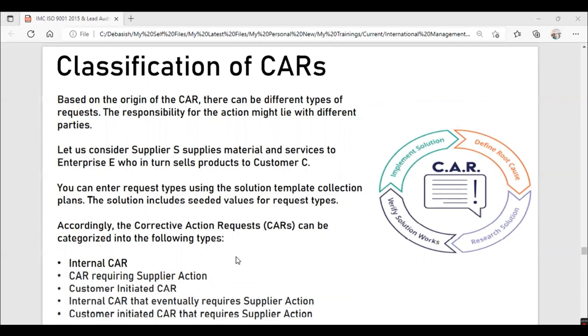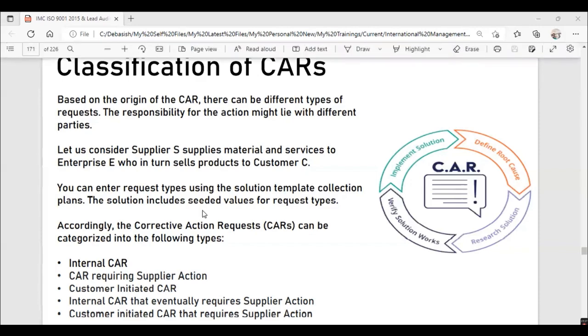The solution includes seeded values for request types. Accordingly, the corrective action requests or CARs can be categorized into the following types: internal CAR requiring supplier action, customer initiated CAR, internal CAR that eventually requires supplier action, and customer initiated CAR that requires supplier action.